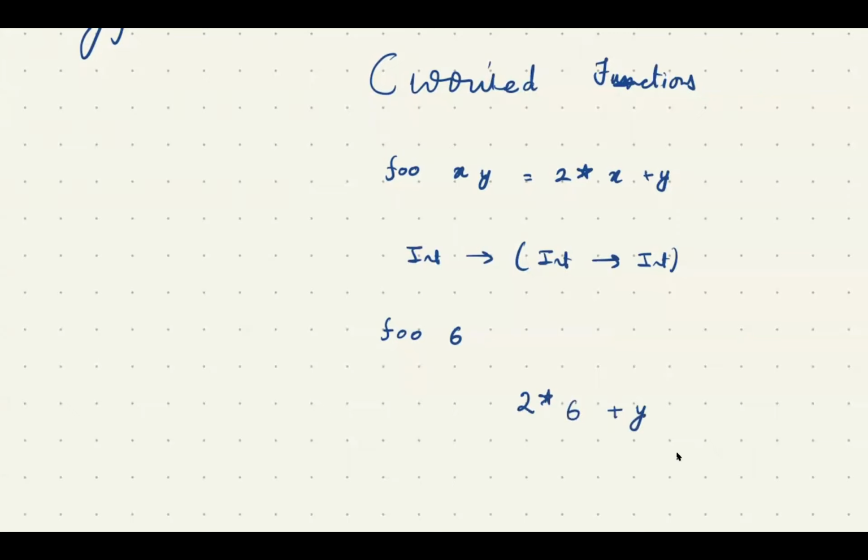So in this sense, I am not taking two arguments at once, but I am taking x, and then that is producing another function, which is foo of x, and this function is taking another argument y, and producing 2 times x plus y.